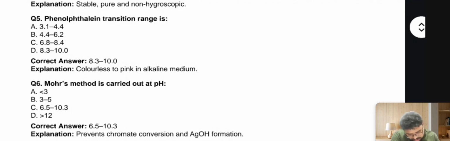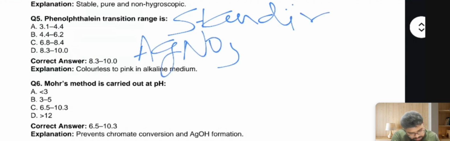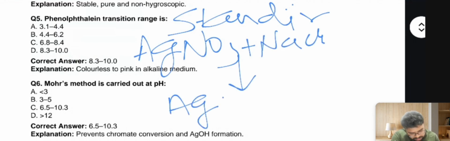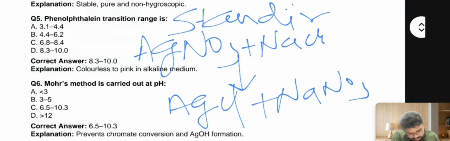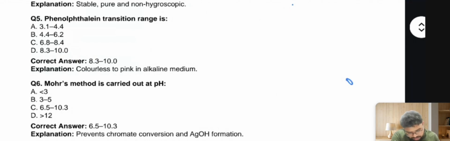In Mohr method standardization we use AgNO3 plus NaCl, which converts into AgCl plus NaNO3. Okay.